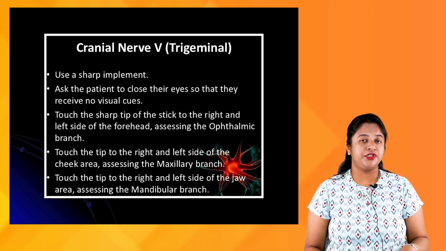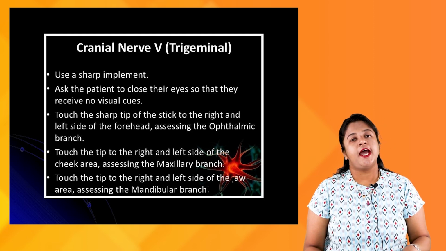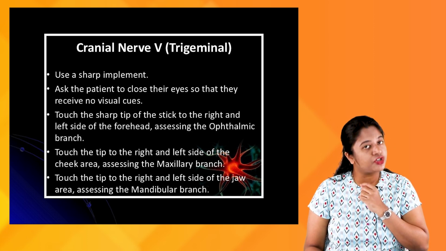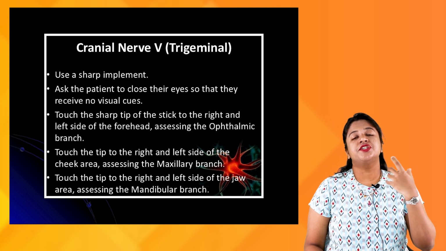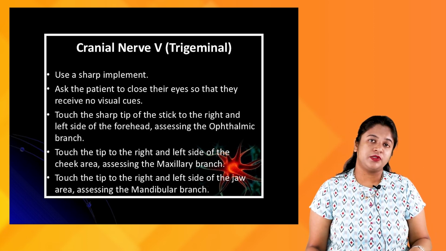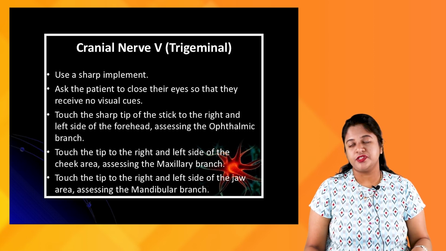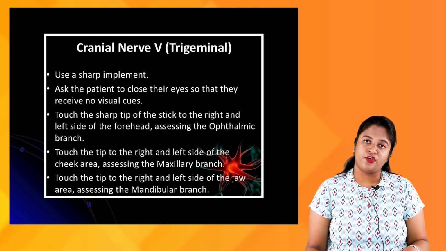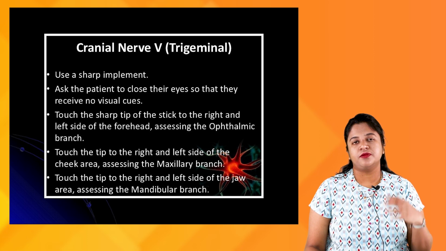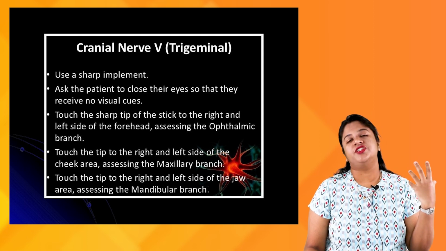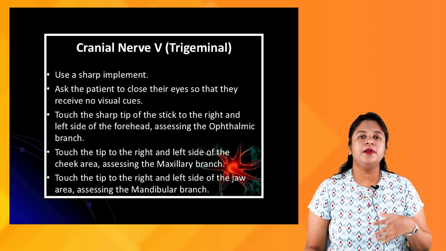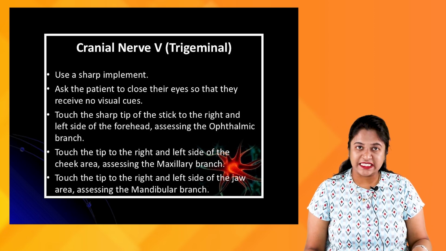So here you're going to take again the sharp object and you're going to touch the sides of the jaw. Right? So if the patient is able to identify and make out the sensation, then we can say the mandibular branch is intact. So this is how we do the assessment of the trigeminal nerve in terms of the ophthalmic branch, the mandibular branch as well as the maxillary branch.